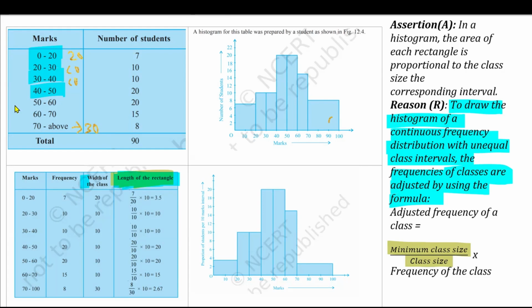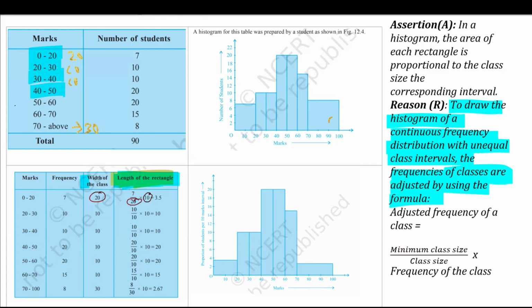I can see this is the minimum class size. Okay, fine, that's a bit of an alteration. That doesn't make a difference. This is the minimum class size divided by the class size, or the width of the class, multiplied by the frequency. So that is correct. As you can see, they have just written the multiplied frequency.